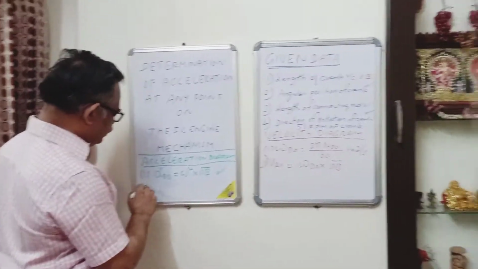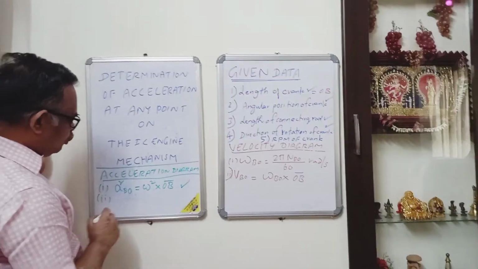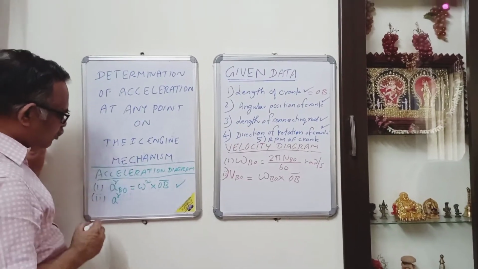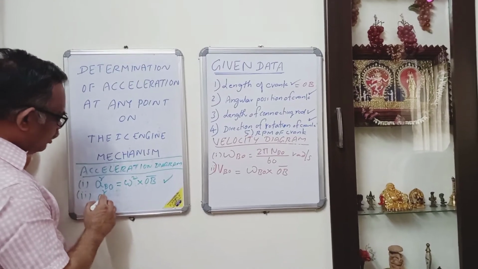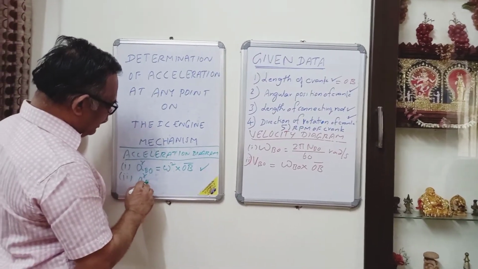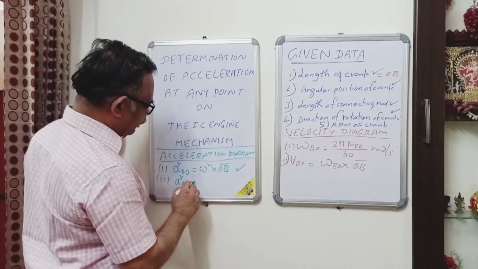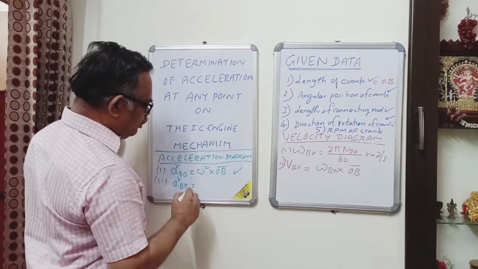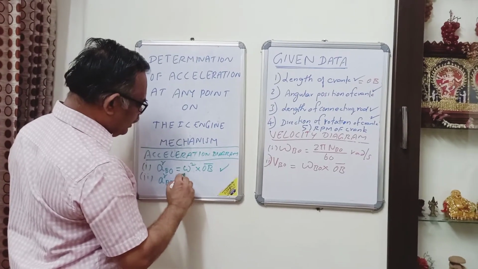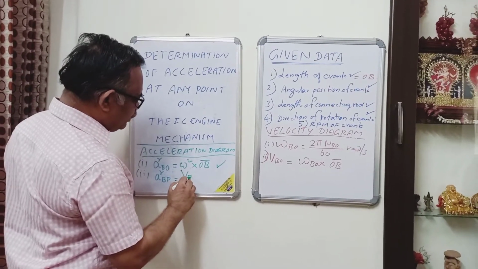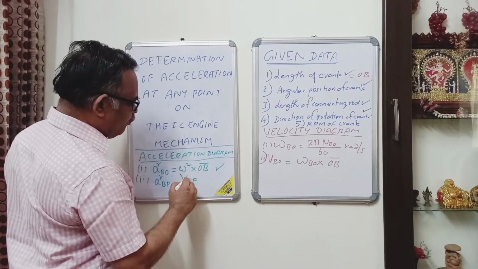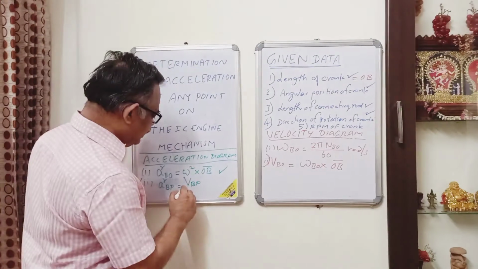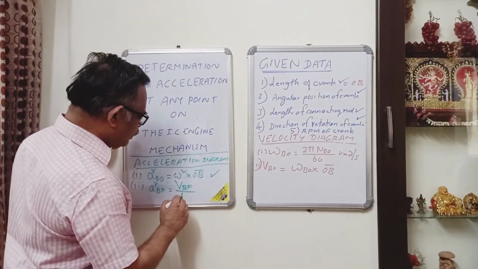The second step is to find the radial acceleration along the connecting rod, the radial acceleration of B with respect to P. How will you find this? After drawing the velocity diagram, we measure the velocity of B with respect to P from it, and divide by the length BP.